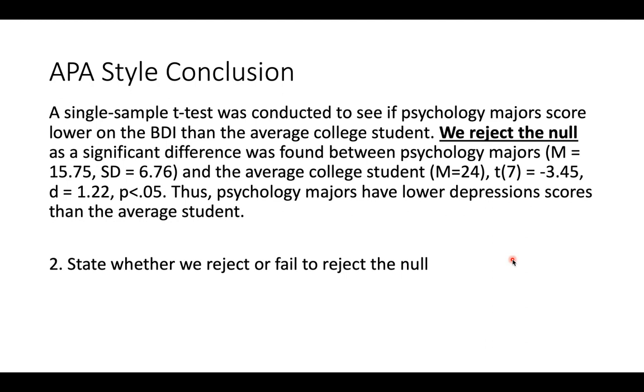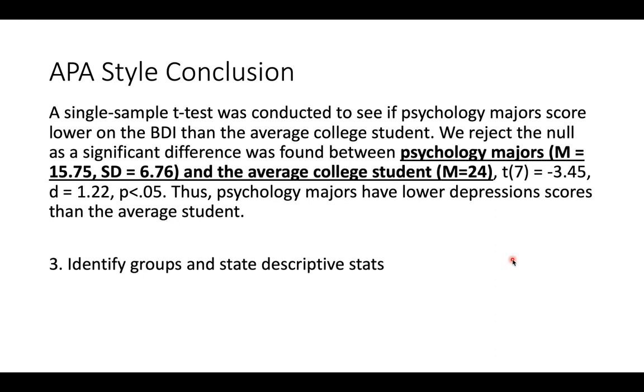Our next step is to state whether we reject or fail to reject the null. We reject the null because we had a significant difference. We reject the null. A significant difference was found between, and here, the third part, identify your groups and give their descriptive statistics. A significant difference was found between psychology majors who had a mean, we'll just use M because it's difficult to make X bar on a keyboard.